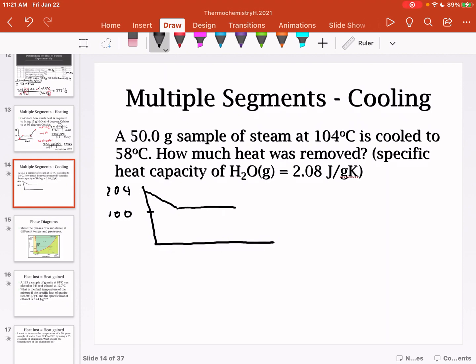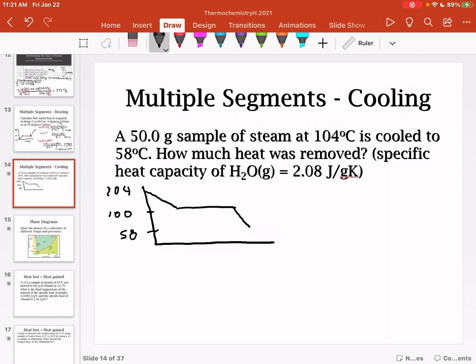And guess what? Condensation is just simply reverse vaporization. So the magnitude of heat of vaporization at 2260 joules per gram is still going to stay, but the direction changes. So instead of adding it, we're removing it. And then we're going to continue to cool the water from 100 down to 58 degrees Celsius.